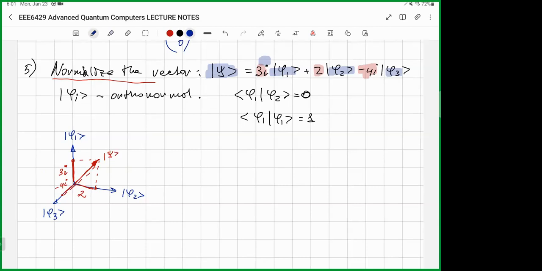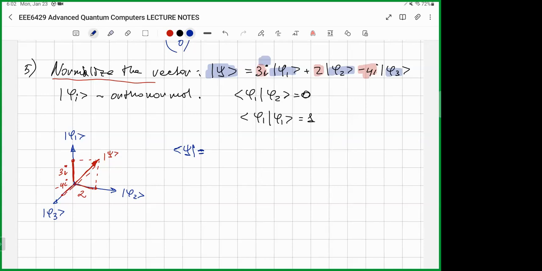So our task is to normalize this vector. First of all, we know that this vector is written in the ket notation, and we have to rewrite it in the bra notation. So this psi in the bra notation: basically, I transpose and complex conjugate, so all these ket vectors will become bra vectors, and the constants will be complex conjugated.